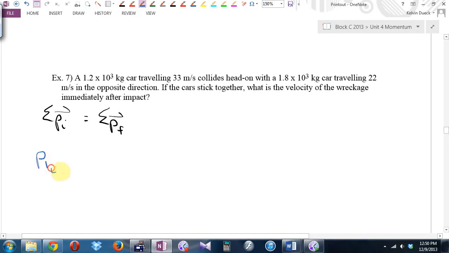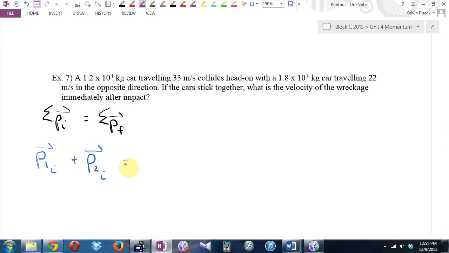So I'm going to go like this. Momentum of car 1 initial before the collision plus momentum of car 2 initial before the collision. Wham! They collide. After the collision, Petra, what's moving?